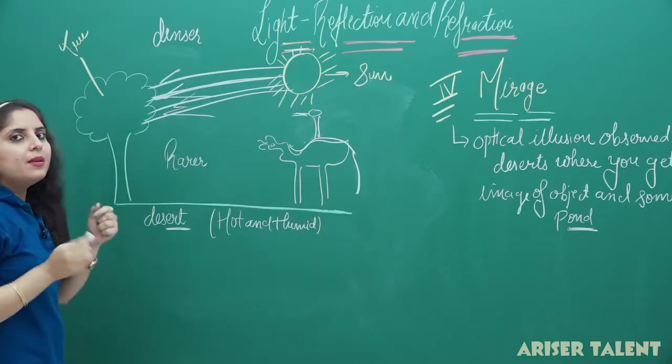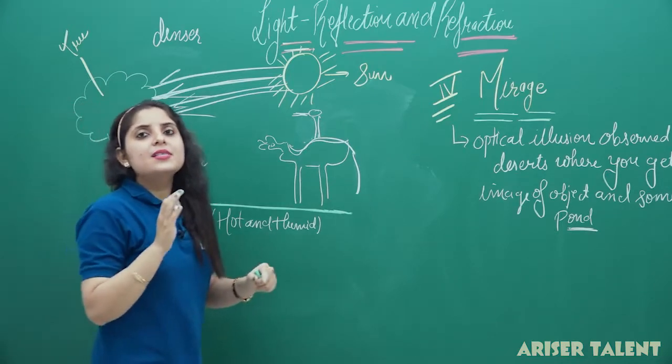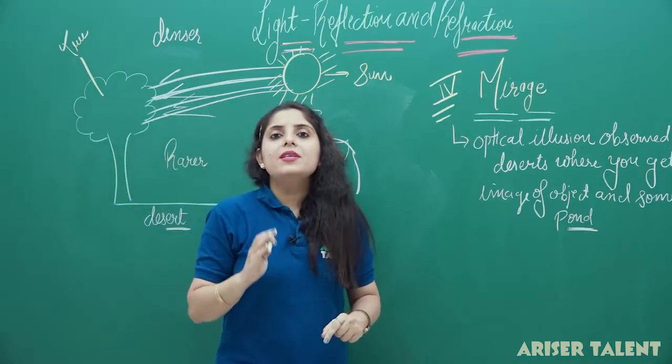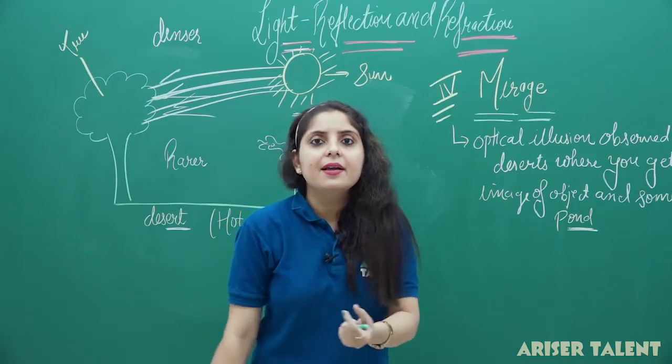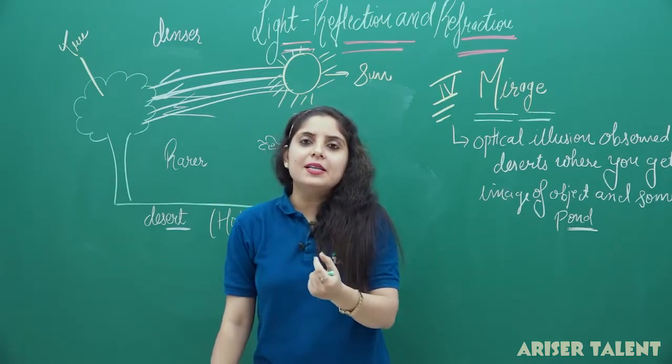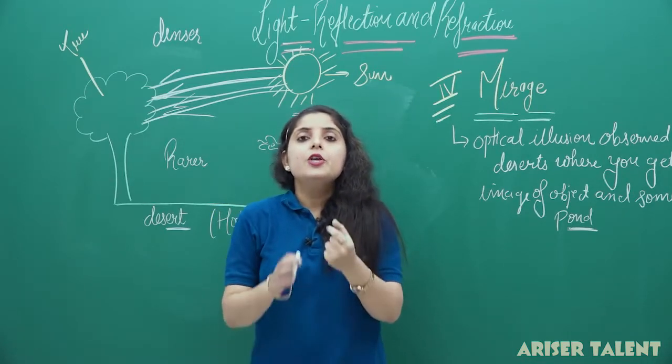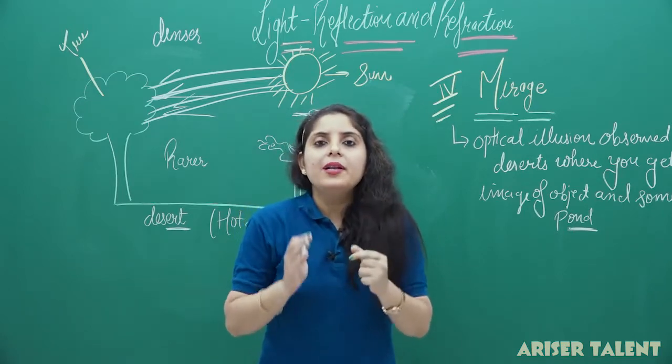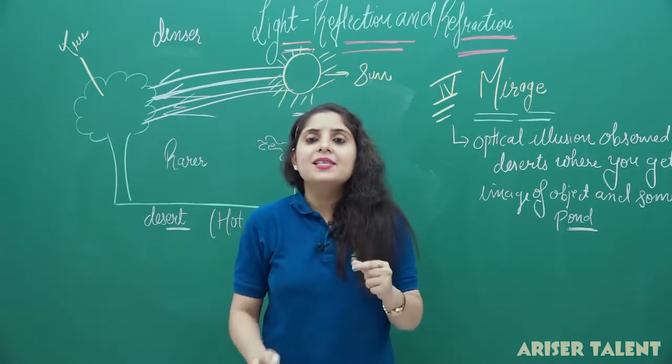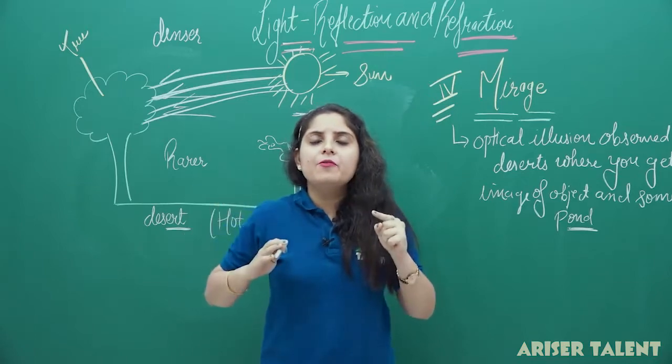At a particular point, the angle of incidence will be greater than the critical angle. If the angle of incidence is greater than the critical angle, total internal reflection is going to take place. The light is not going to bend away from the normal.